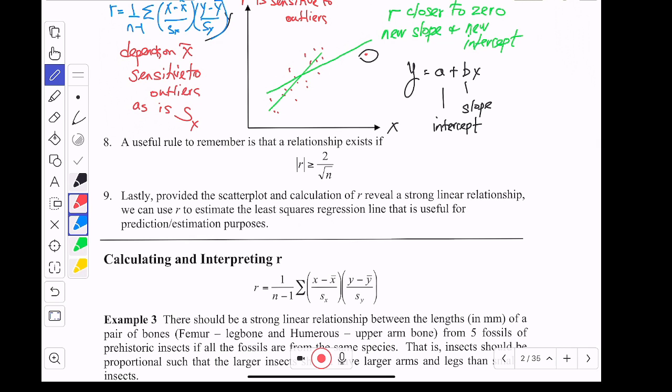Let's say n equals 100 observations, then this would mean that R has to be greater than or equal to 2 over 10 or 0.2.